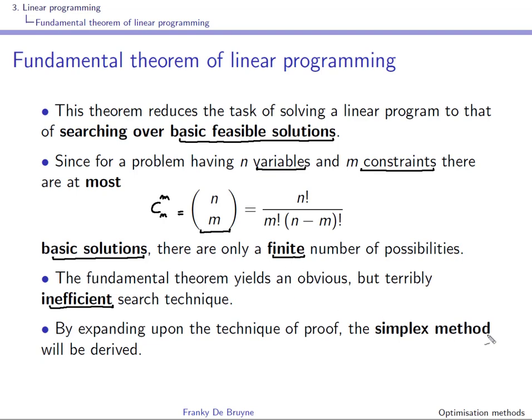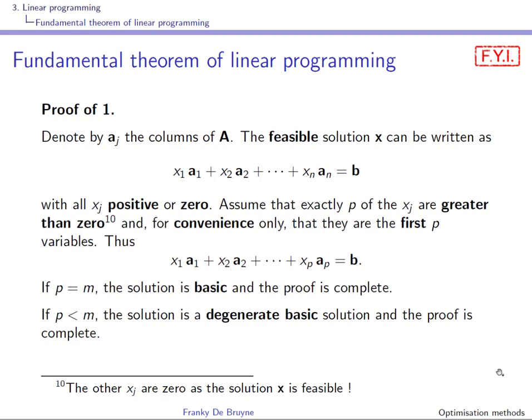We'll see in the next section, where we will introduce the simplex method, that it is possible to find an algorithm that will search among basic feasible solutions, but it will do this in an efficient way. Let us have a look at the proof of the first part of the fundamental theorem of linear programming, and of course this is for your information only.